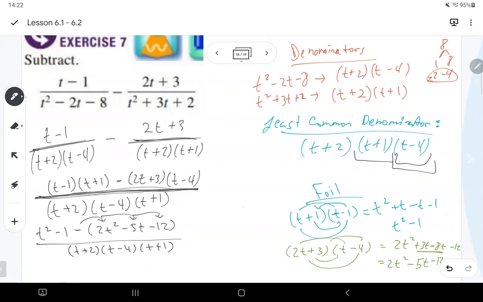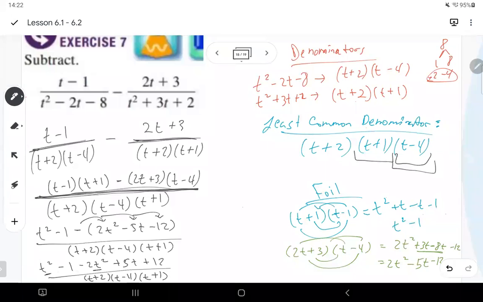And we'll have to simplify. So t squared minus 1 plus minus 2t squared plus 5t plus 12 over t plus 2, t minus 4, t plus 1.